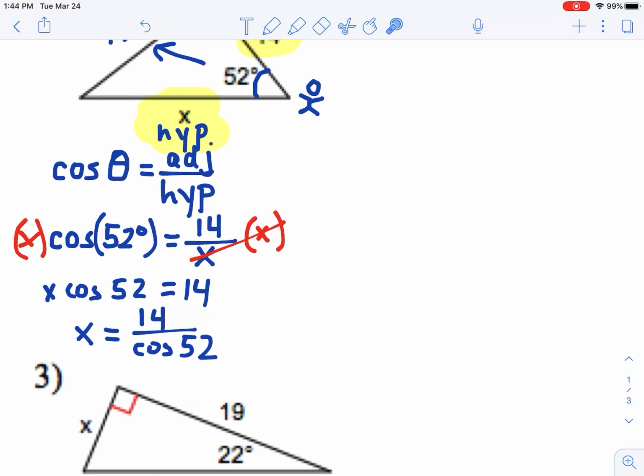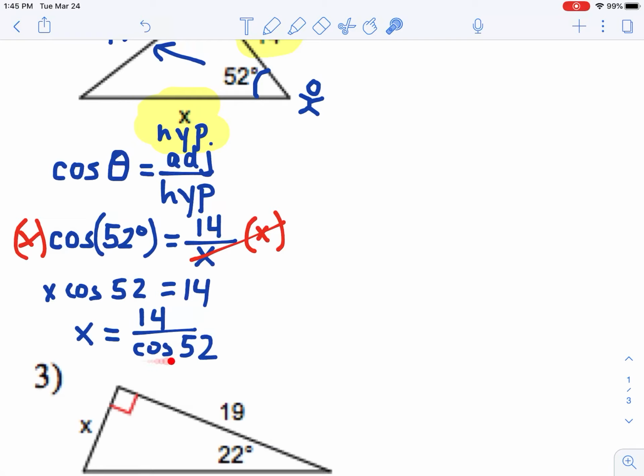Now, we should be able to put this into our calculator. Okay, pick up your calculator. I can't show you this, unfortunately, at the same time. So I'm going to make sure I have a calculator page open. I'm going to make sure degrees are in the upper corner so I know I'm dealing in degrees. So I'm going to make a fraction. In the numerator, I'm going to put 14. In the denominator, I'm going to hit that trig button, over to cosine, and then in parentheses, I'm going to put 52. Okay?